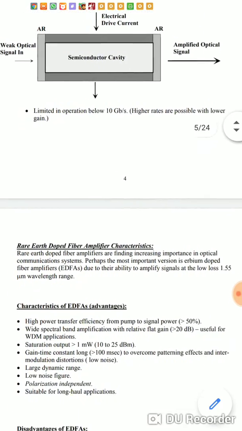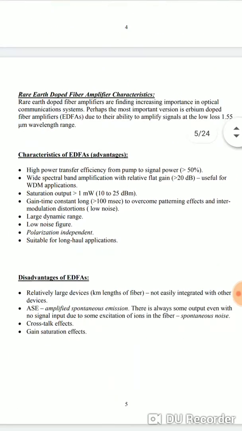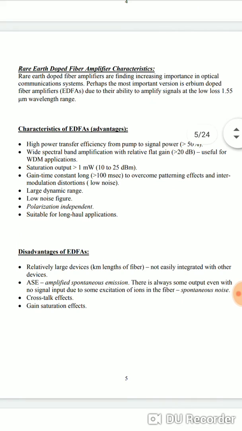Instead of the semiconductor optical amplifier, the most commonly used amplifiers in practice are rare earth doped fiber amplifiers. One common example is the erbium doped fiber amplifier. Rare earth doped fiber amplifiers are finding increasing importance in optical communication systems.